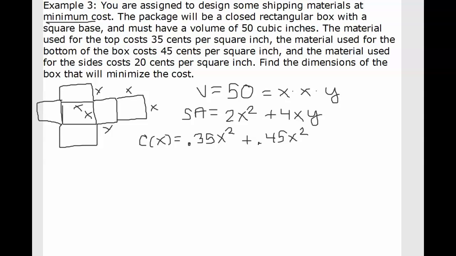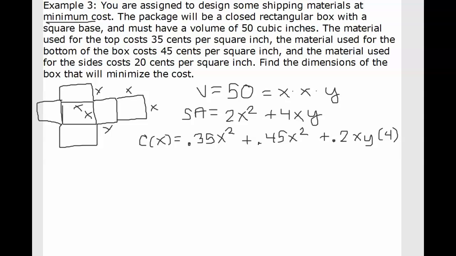It should make sense that the top and the bottom of the box should cost more because they need to be sturdier. And then the material used for the sides is 20 cents. So that would be 0.2 xy. But we have 4 sides, so you need 4 sides at 20 cents per side. Find the dimensions of the box that will minimize the cost.